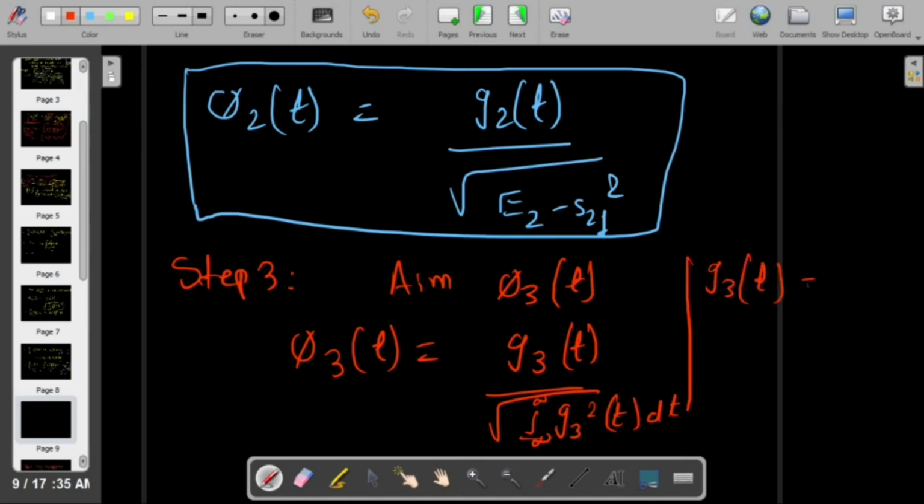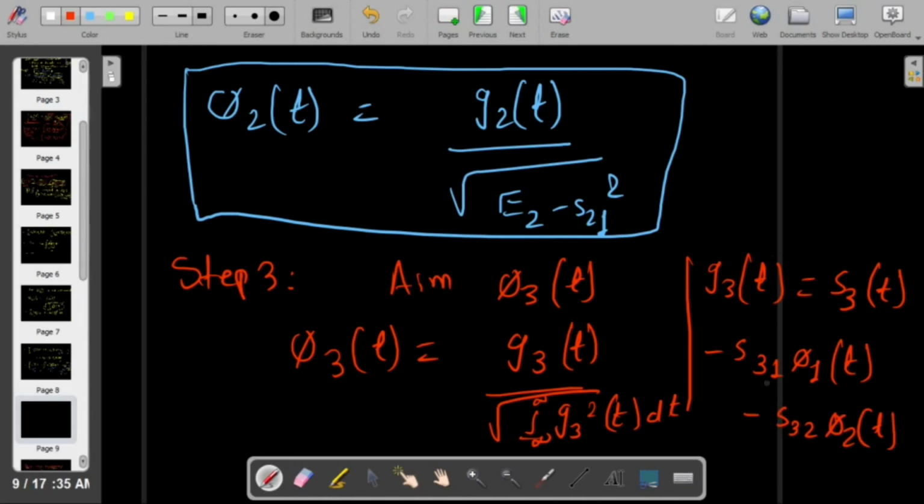G3 is nothing but take just S3, then subtract its component from the phi 1 axis and from the phi 2 axis, and this will make G3(t) orthogonal to both phi 1 and phi 2, and G3(t) is related to phi 3(t) with this relation. So we can say that phi 3(t) is orthogonal to phi 1(t) and phi 2(t), and since we normalize this, all these three are mutually orthonormal, correct?